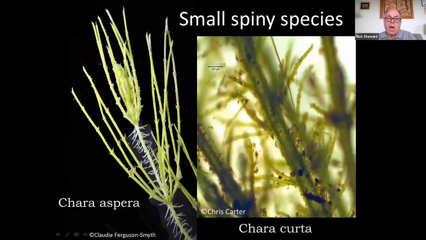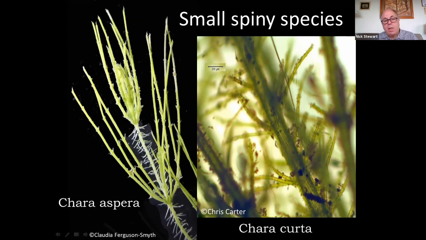So we're talking about maybe 1/2 to 3/4 millimeter diameter for this stem, but they're still very obviously sharply spined species. The difference between the two of these is a bit more subtle to do in the field, but no problem under a viewing microscope.